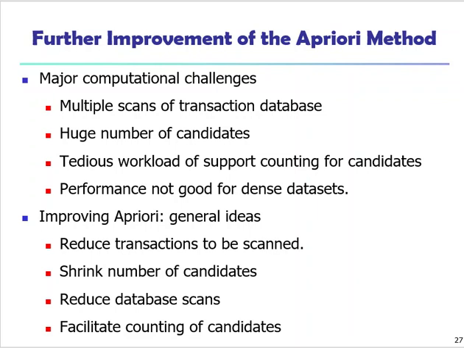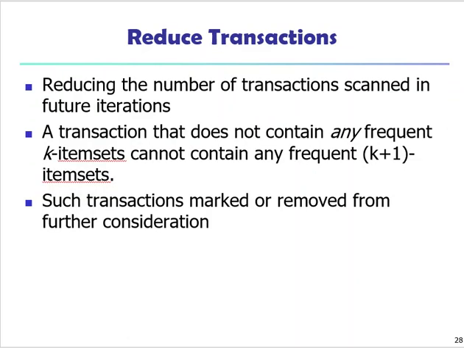Maybe we can further reduce beyond what the Apriori property could support. We can also reduce the number of database scans needed, or use other ways to facilitate counting of candidates. So I'm going to touch upon each of those in the following slides.